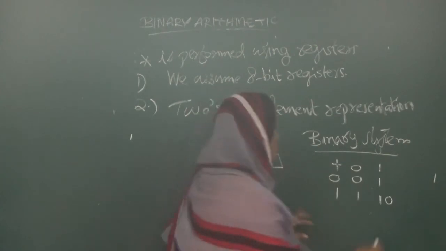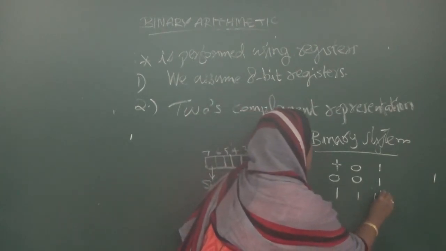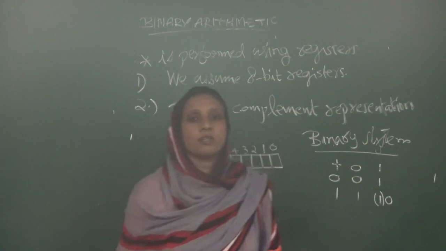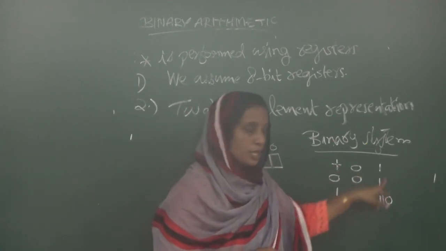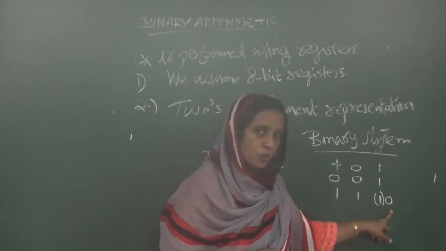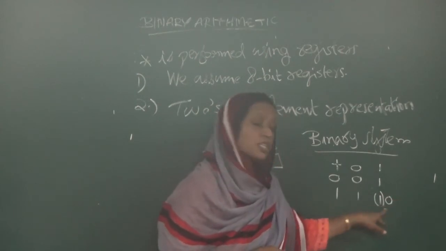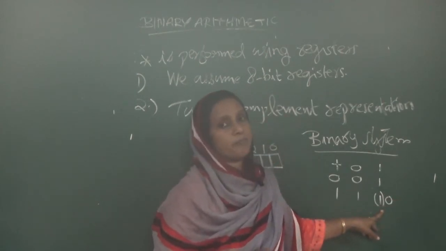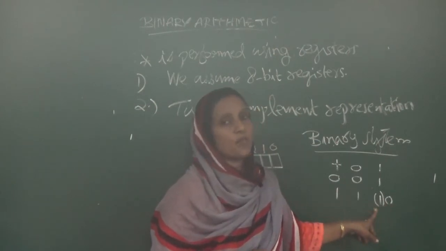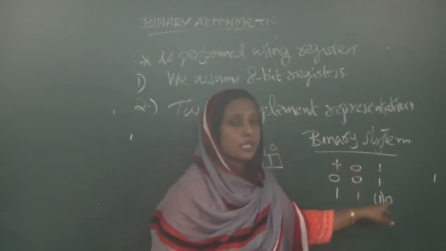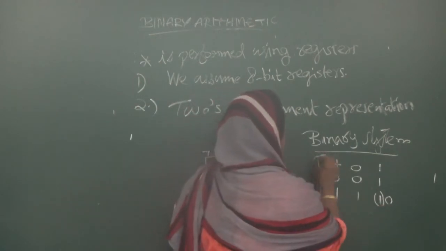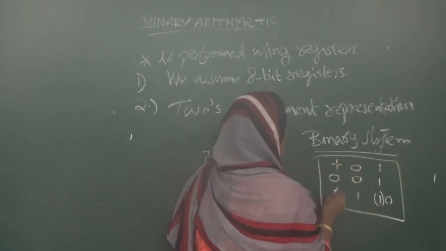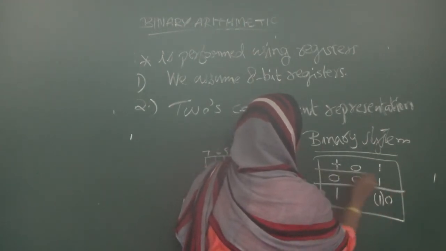So this 1 is called a carry. So 1 plus 1 gives 0 with carry 1. These are the rules for adding two binary bits.